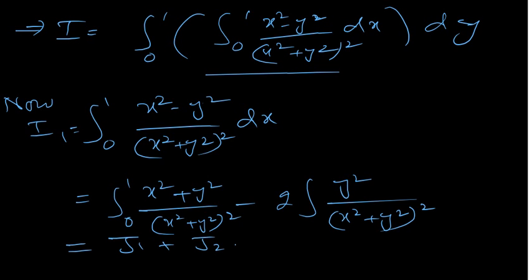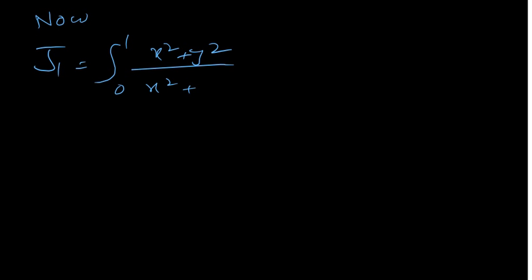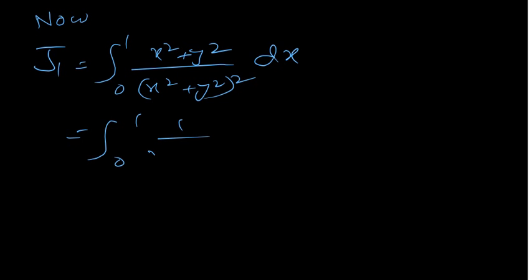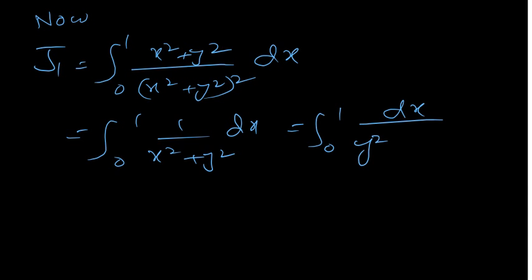Now let's try to evaluate j1 first. What's this j1? j1 is the integral 0 to 1 x square plus y square divided by x square plus y square whole square dx, and this is just equal to integral 0 to 1, 1 by x square plus y square. Because y square is constant, you can write it as dx divided by, it's like a square plus x square.